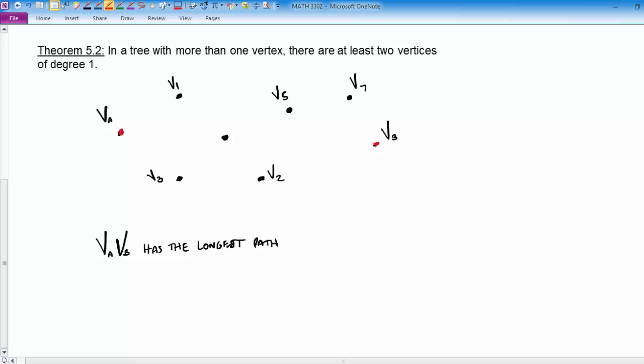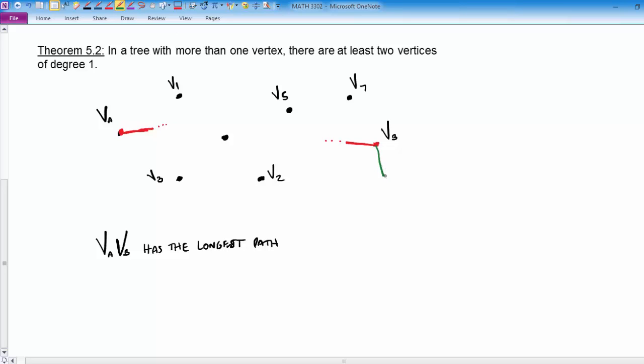Our claim here is that this vertex is connected to an edge here, and this vertex here is connected to an edge. And our claim is that there is not another edge here. Well, suppose there is another edge, and that will create a contradiction. Let's say there is another edge here.